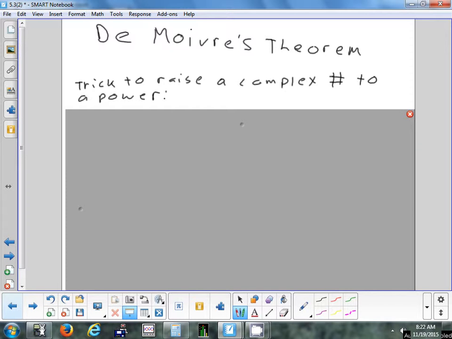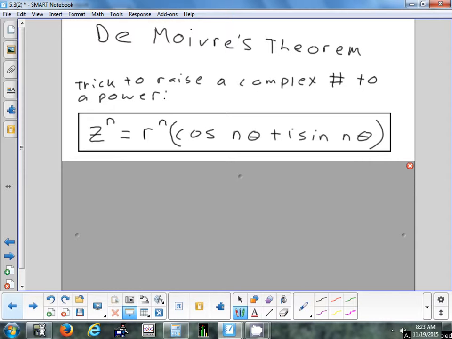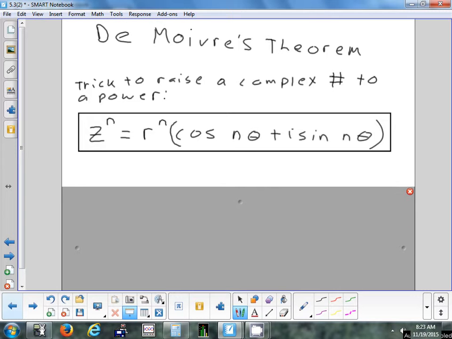It's going to be just as easy as multiplying and dividing. So the trick to raise a complex number to a power, first of all, assumes you're in polar. And you do two things. You take your radius and you raise it to the power. You take your angle and you multiply it by the power.